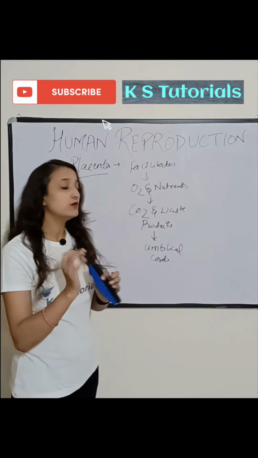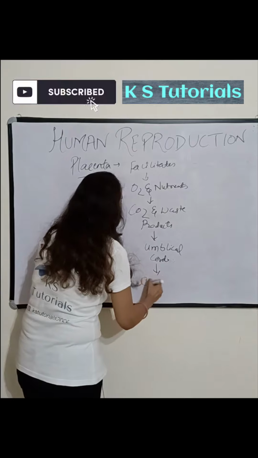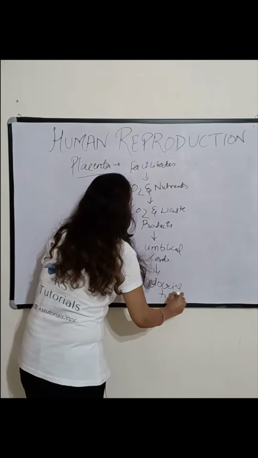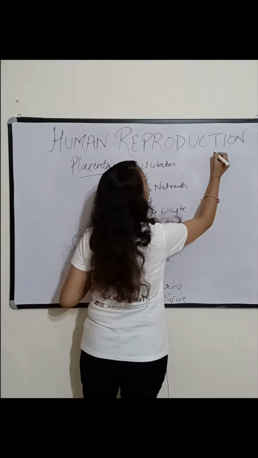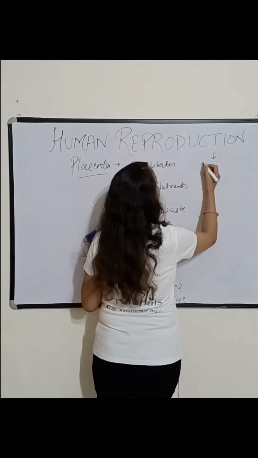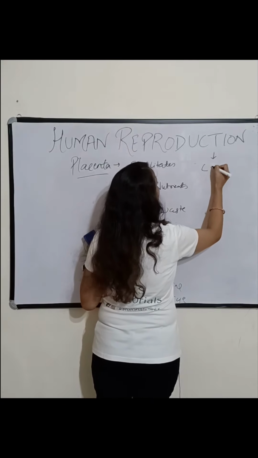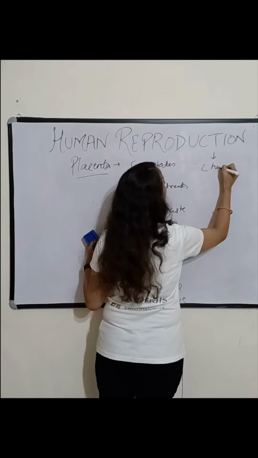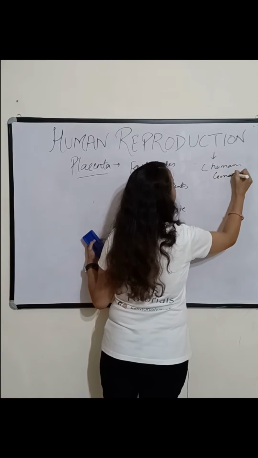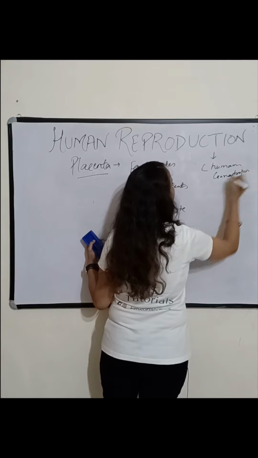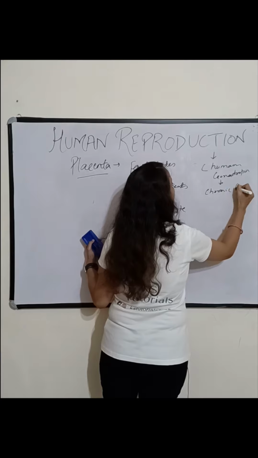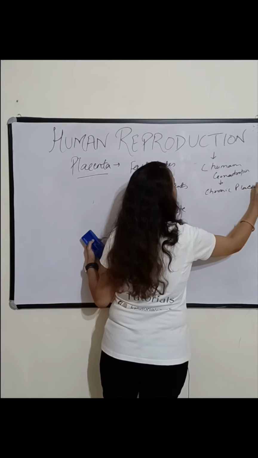Got it? Now the placenta also acts as an endocrine tissue and gives rise to several hormones like chorionic human gonadotropin and chorionic placental lactogen.